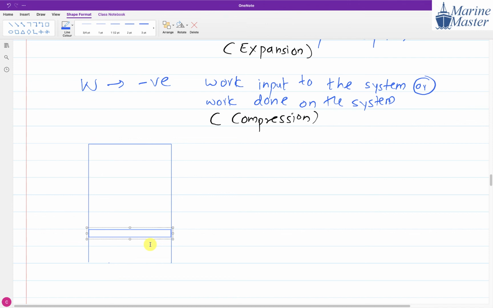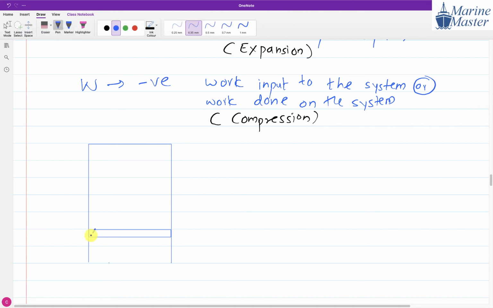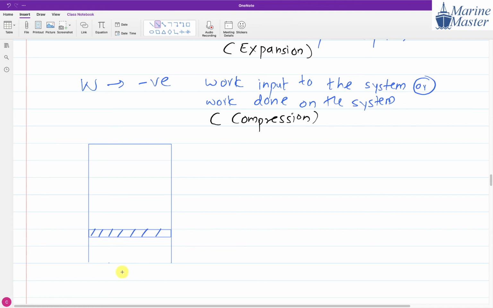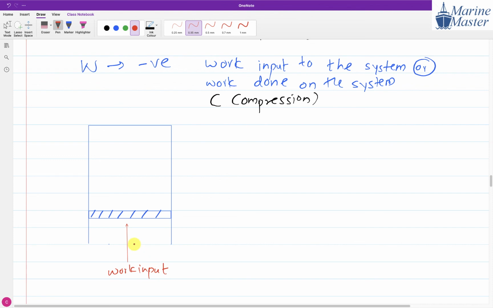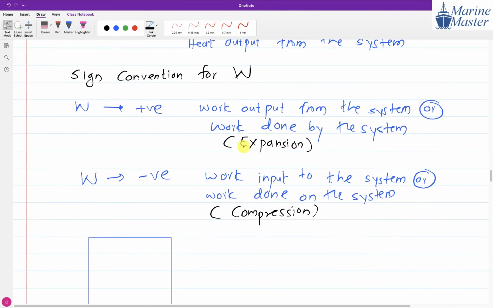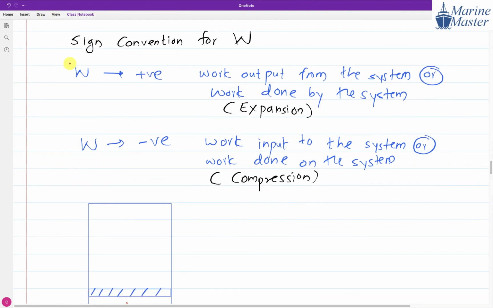So if you are doing a compression here, what is going to happen? Compression means what do we have to do? We have to give energy, work input. Then compression will happen, so the piston will go up. That's why here it is negative. So please write down this discussion.